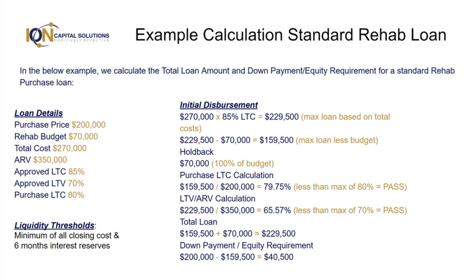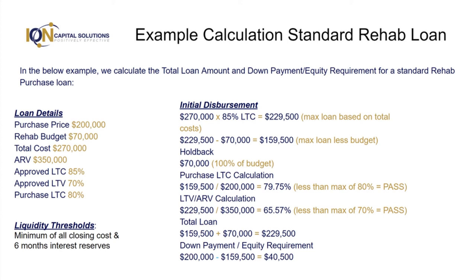From that 229, the bank always holds in escrow 100% of the rehab budget. So 229 minus 70 is 159. When we look at 159 divided by the 200 purchase price, we see that it falls within the 80% bracket.